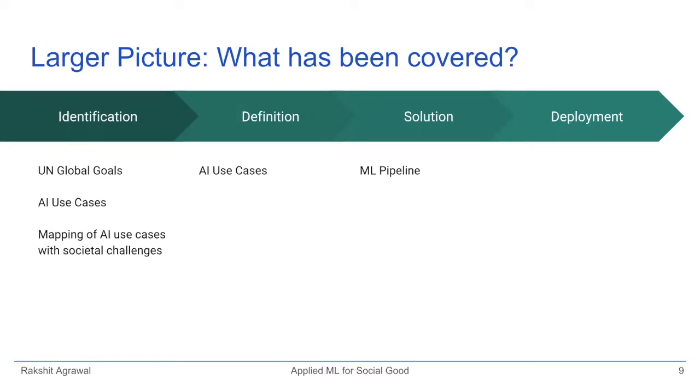It has to be identification. What have we covered around identification? We went over the UN global goals, went over AI use cases that can be mapped, and we had a mapping of those. So that's a part to understand the broader space of societal challenges and AI being applied to it. And then definition can come from the examples. In the McKinsey reading, when they discussed the AI use cases, they gave certain examples.